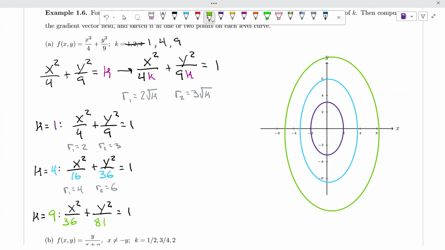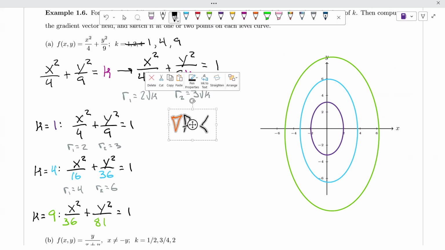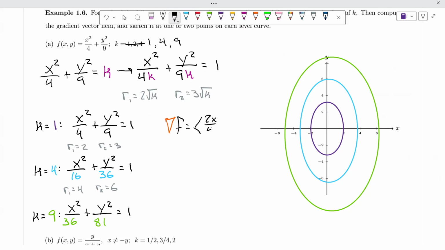So with that said, I want to get a bit of a sense for what the gradient field is going to be looking like here. So let's go calculate a gradient. And the gradient field doesn't look too bad for this function. Looks like it's 2x over 4 and 2y over 9. And I'll go grab the field at a few points.